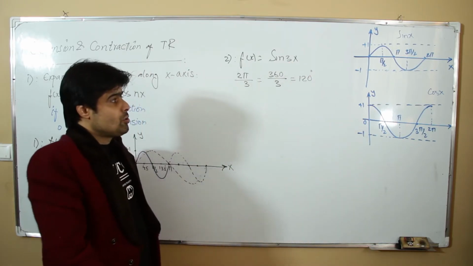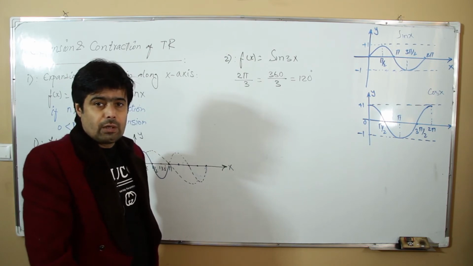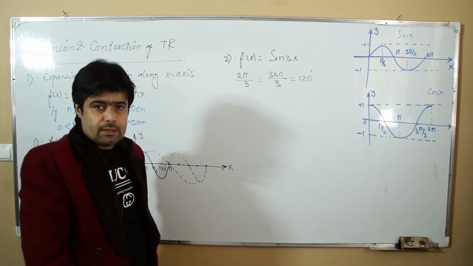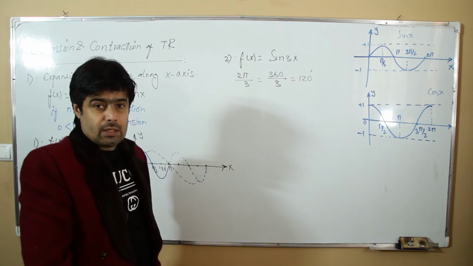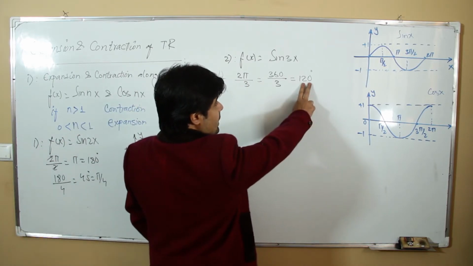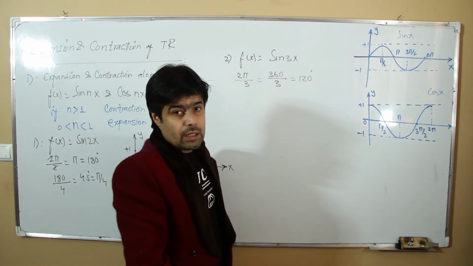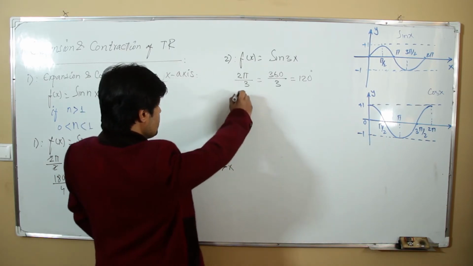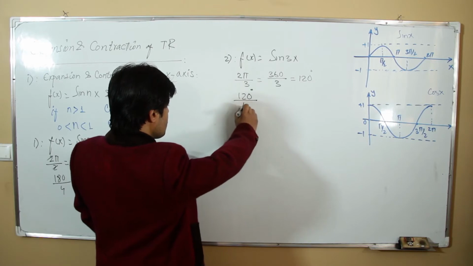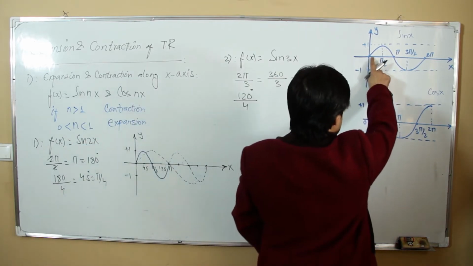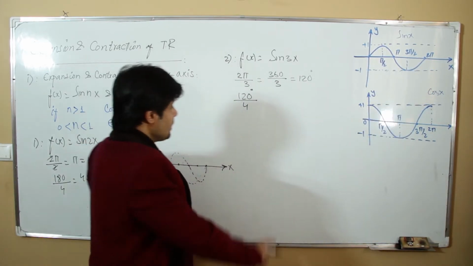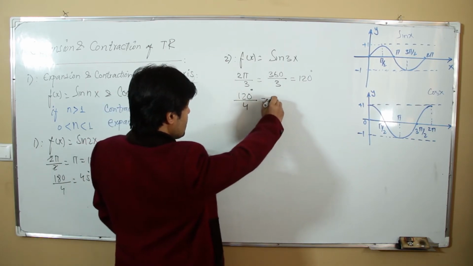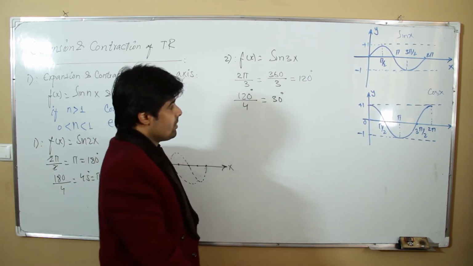It means in 120 degrees, we have our graph of sine x. So that graph of sine x, which you draw in 120, is the graph of sine 3x.